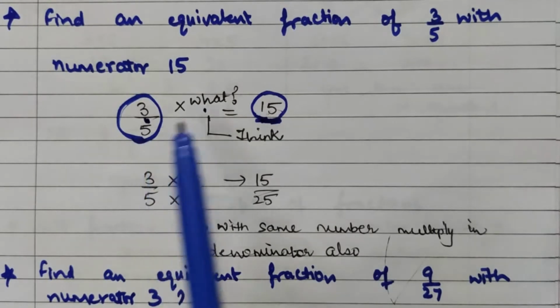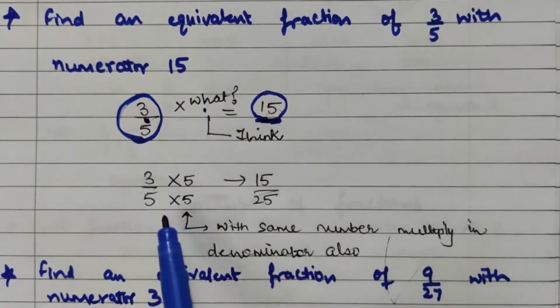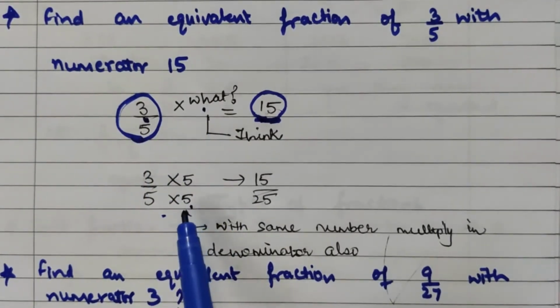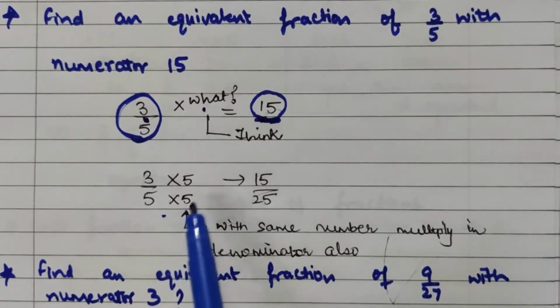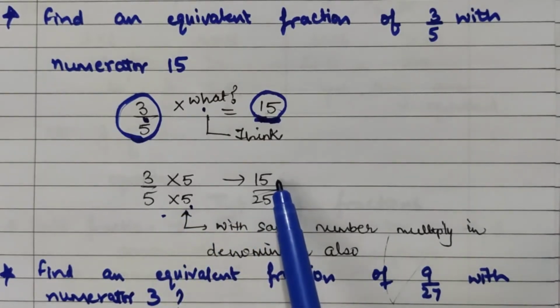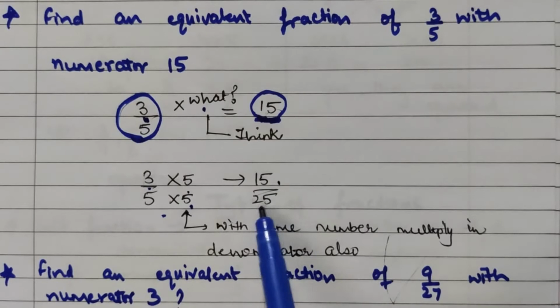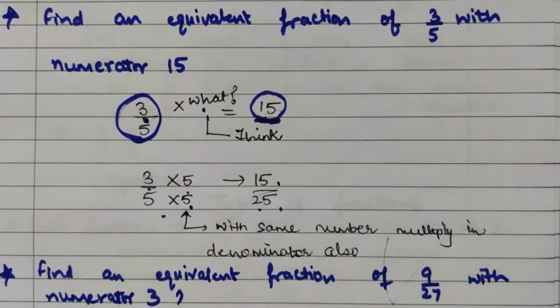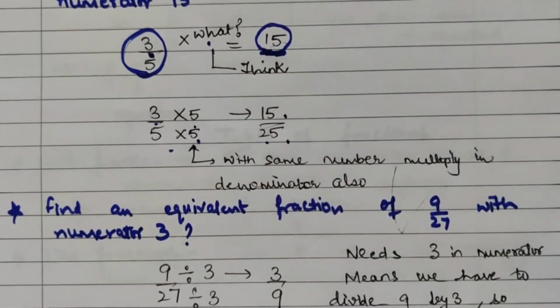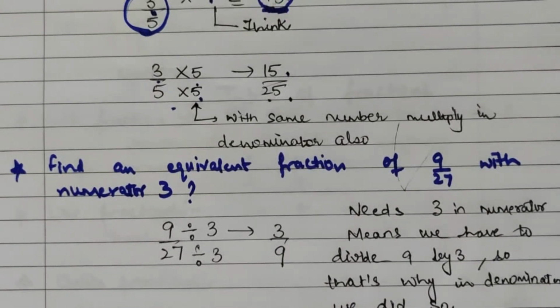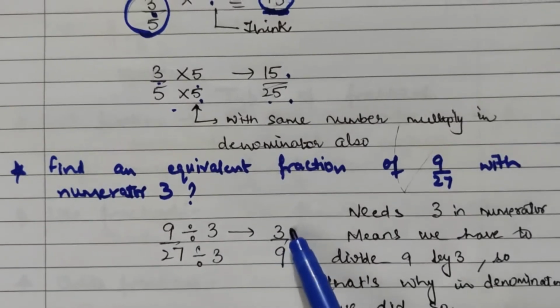Yes, 5. So in the denominator also we will multiply by 5. So we get what fraction? We get 15 upon 25.